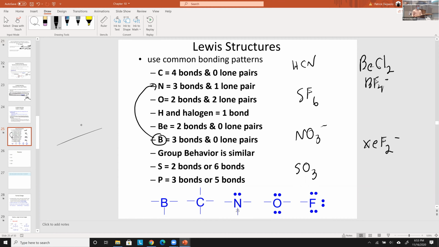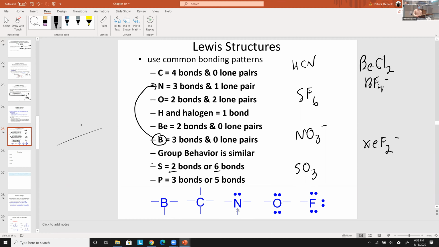Anyway, the group behavior is generally similar. By that I mean sulfur, right underneath oxygen. It could also have 2 bonds, but it could also have 6. So it really depends on the scenario. A lot of these rules, you're thinking, he's saying really conflicting things right now.